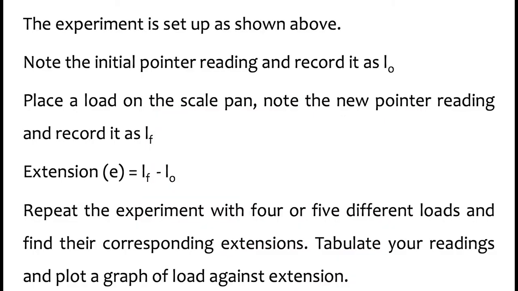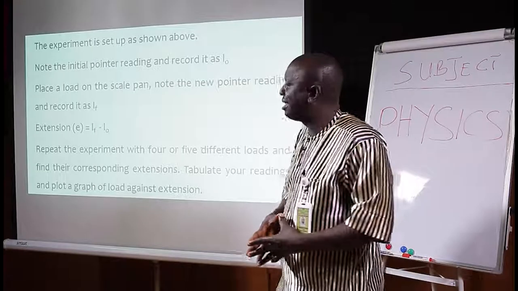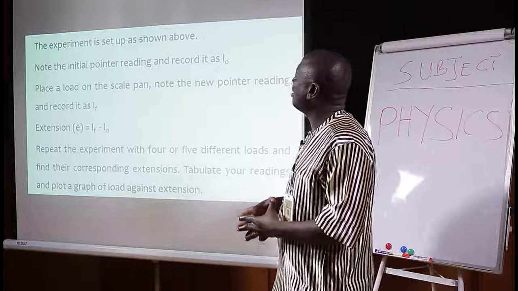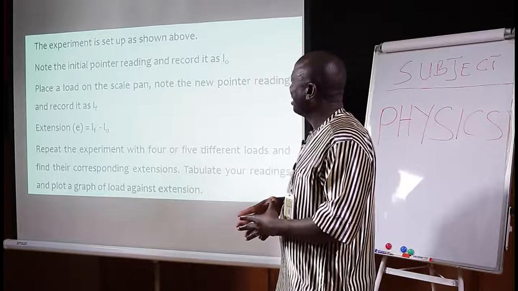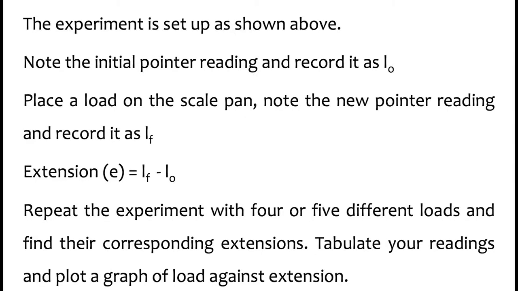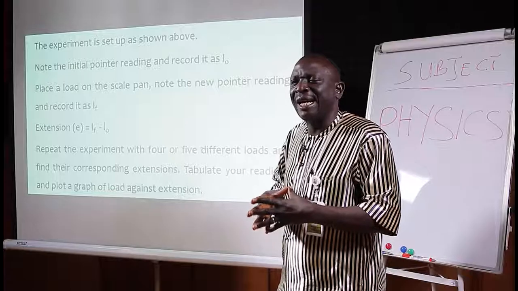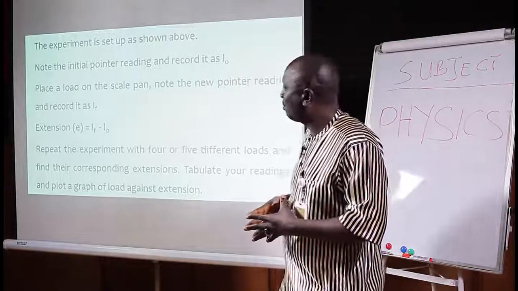Now we say the experiment is set up as shown above. The first thing you do is to note the initial pointer reading and record it as L0. That is when it is not carrying any load.